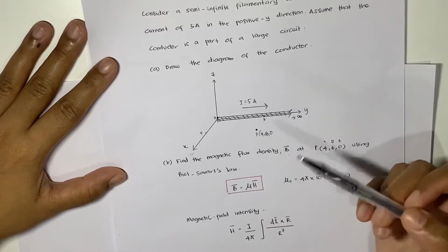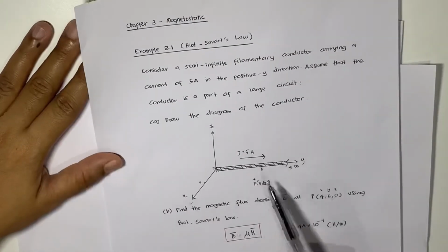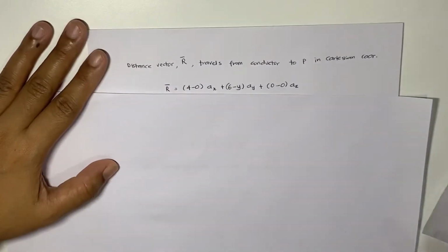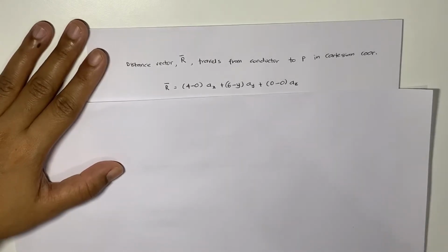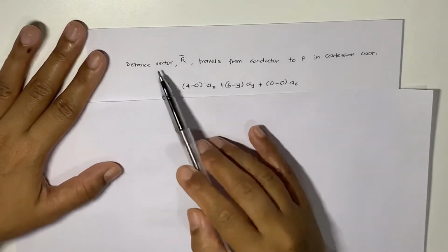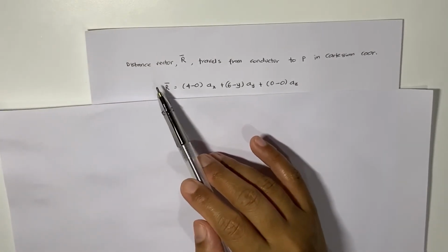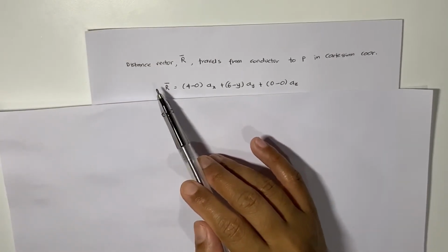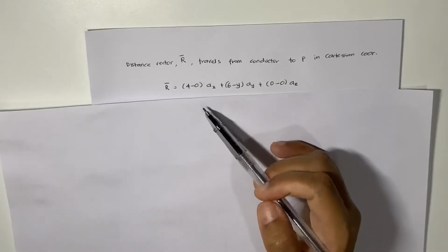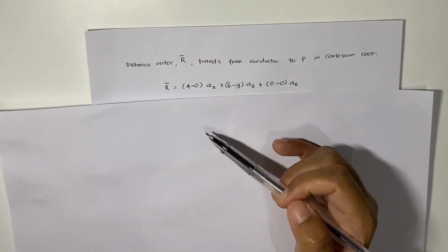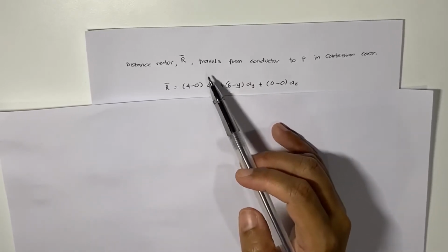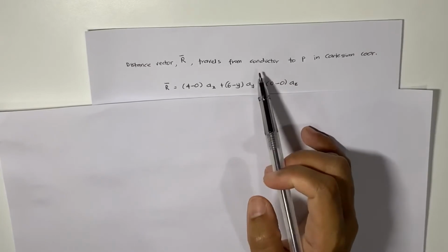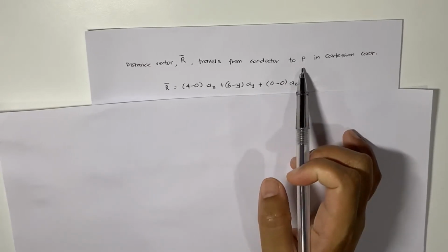This is R, vector of R. So we need to calculate the distance vector. We already learned about the distance vector in chapter 1, so I hope everyone knows about it.